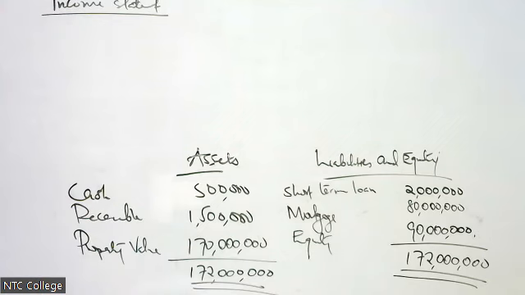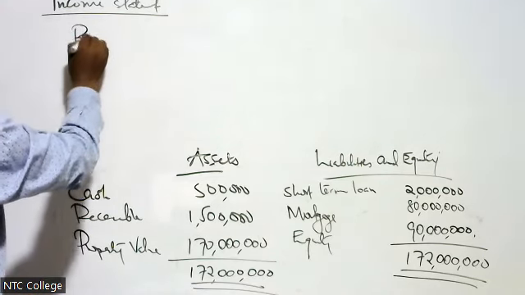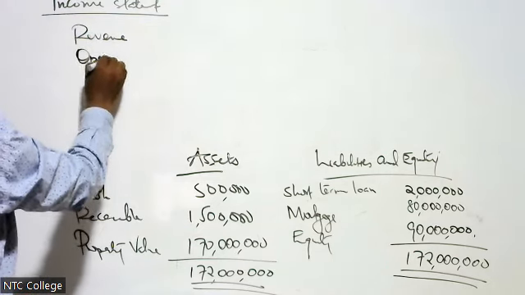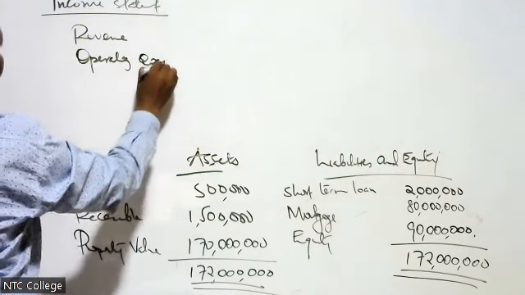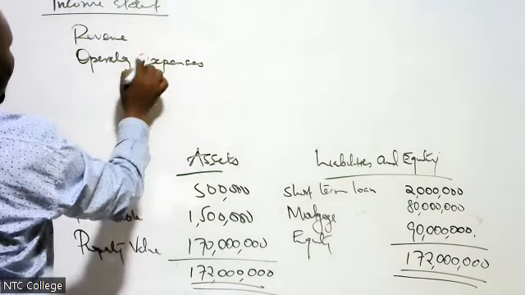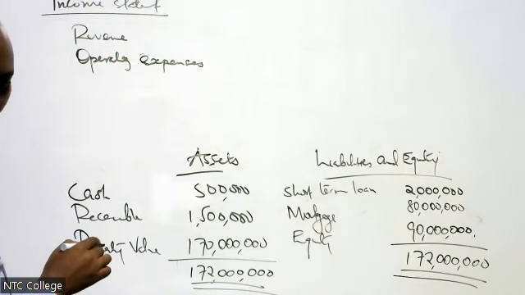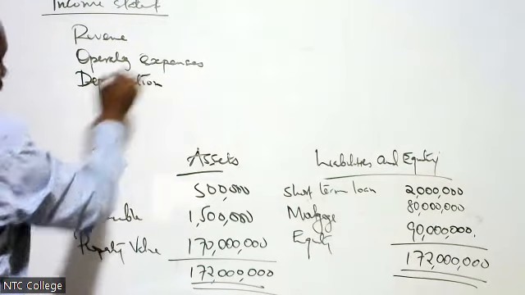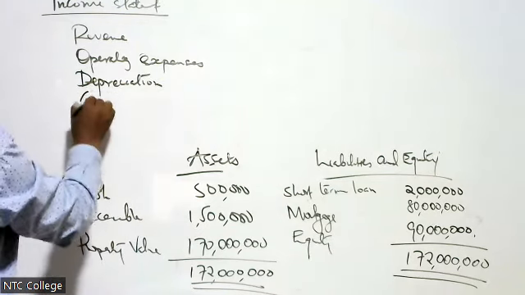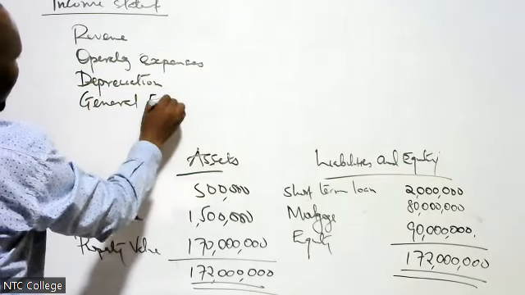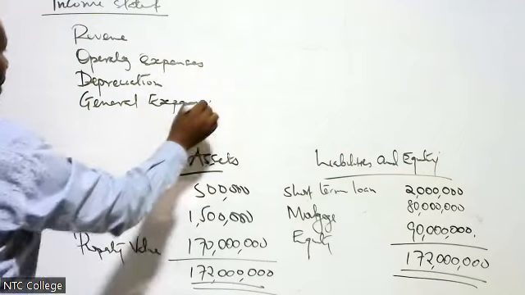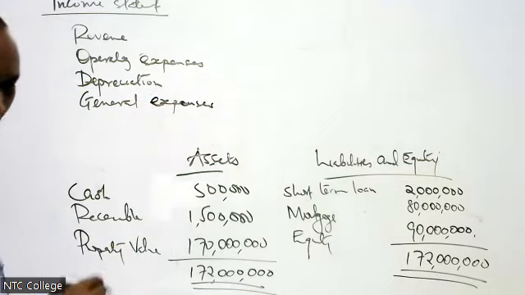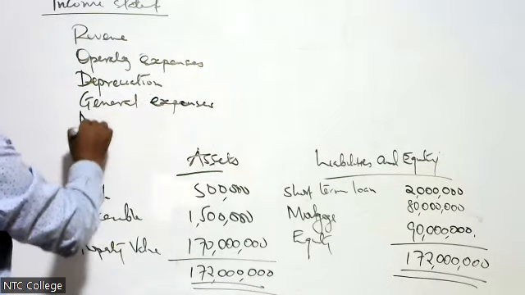Income statement. So we have revenue. We have operating expenses. We have depreciation. General expenses. We have management expenses.